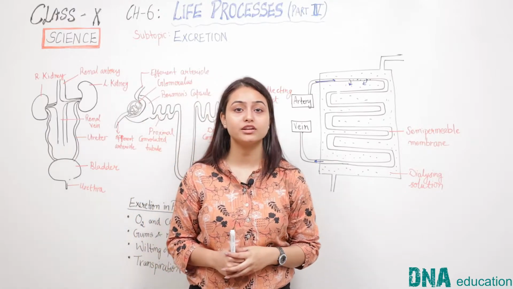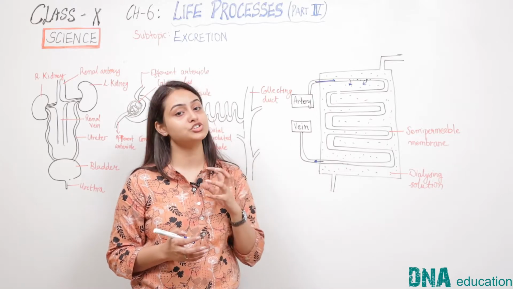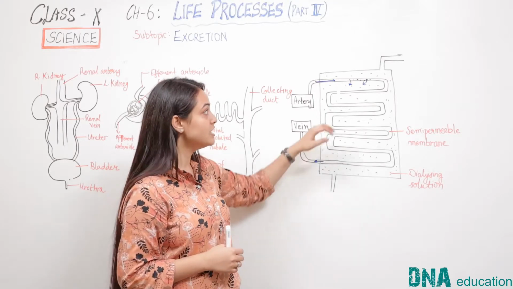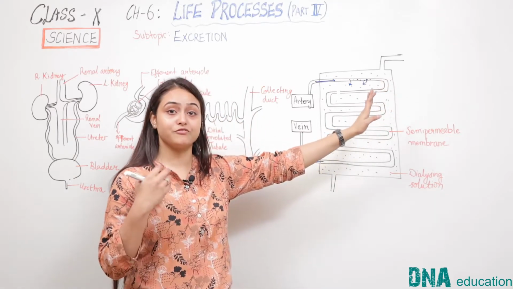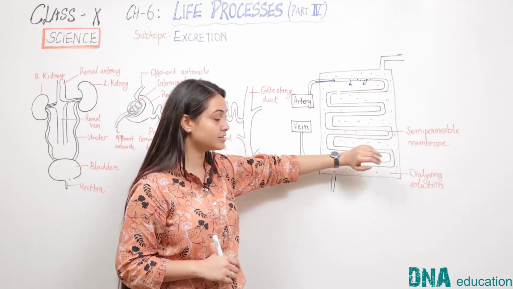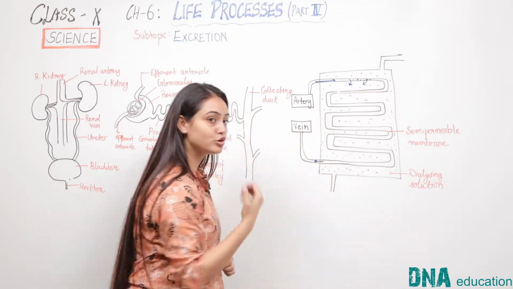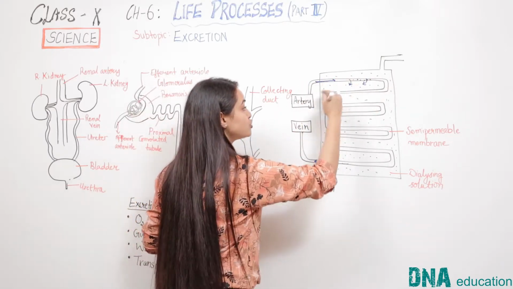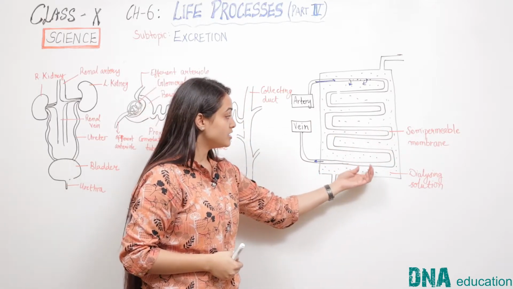As we know, during diffusion, substances move from their higher concentration to their lower concentration. Since the concentration of waste in the patient's blood is very high compared to that in the dialysing solution, the waste materials diffuse out of the patient's blood while traveling through the semi-permeable membrane.